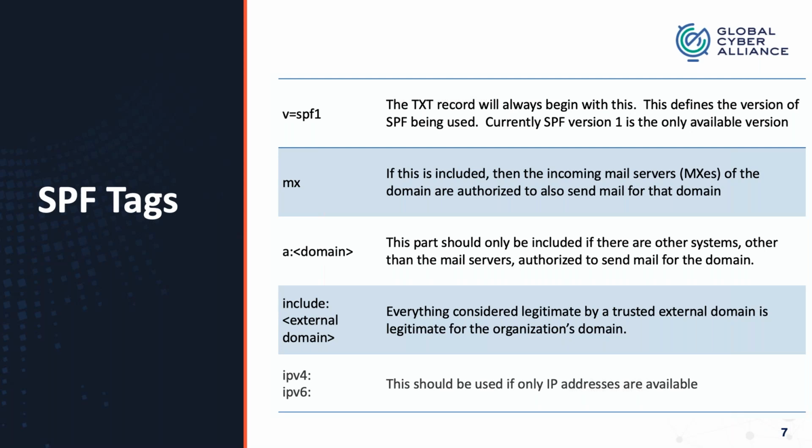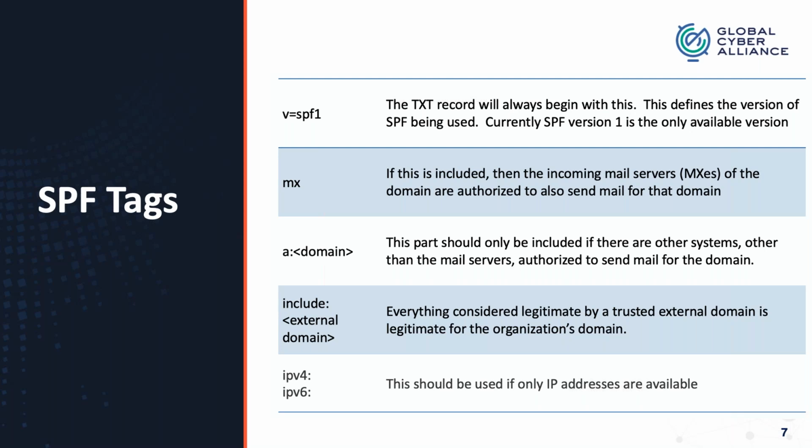Now, these next few here are optional. It depends on what your situation is, on whether you need them or not. So MX. Another type of record in DNS is called an MX record, and MX stands for mail exchangers. That's basically the mail servers for your organization, the mail servers that you're defining in your DNS.